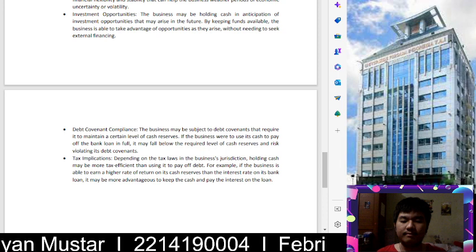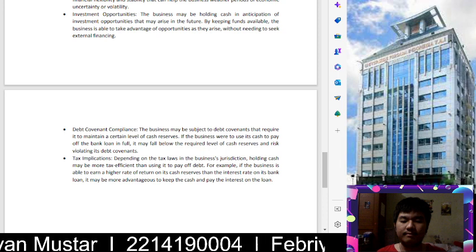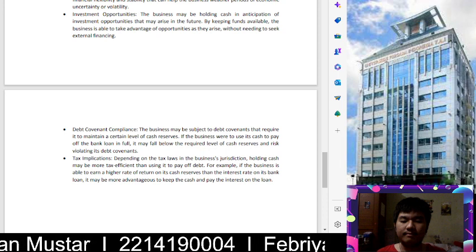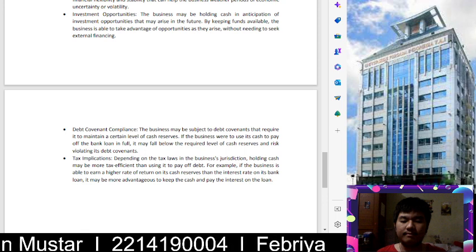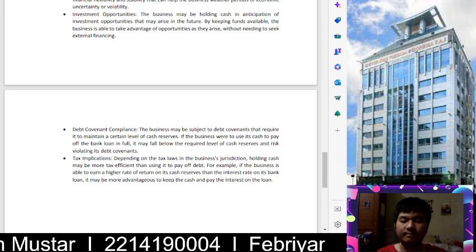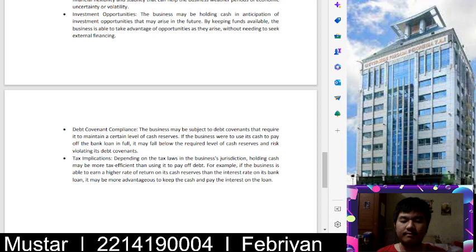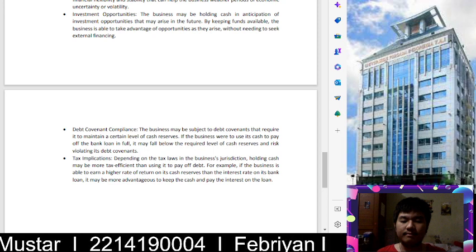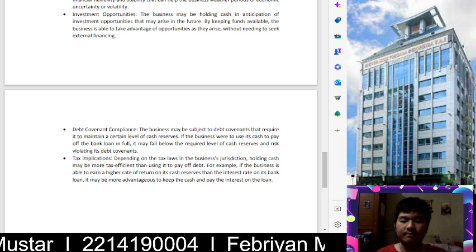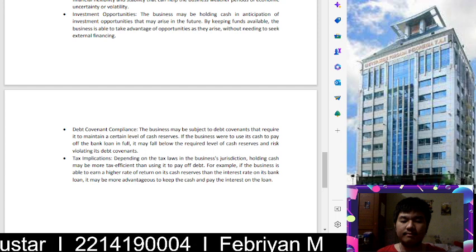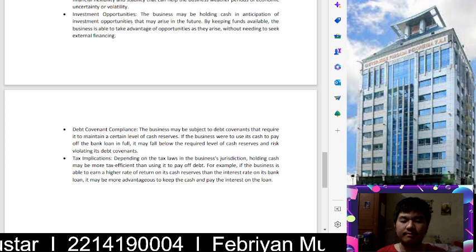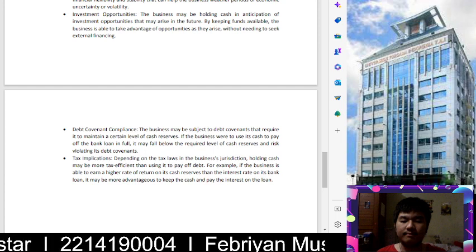The last point, tax implications. Depending on the tax laws in the business's jurisdiction, holding cash may be more tax efficient than using it to pay off debt.